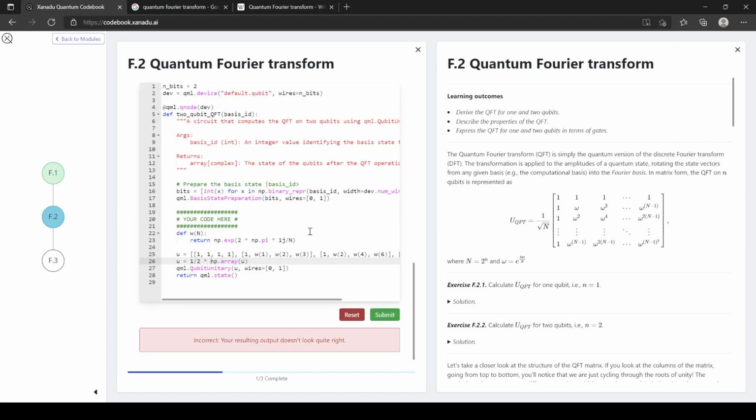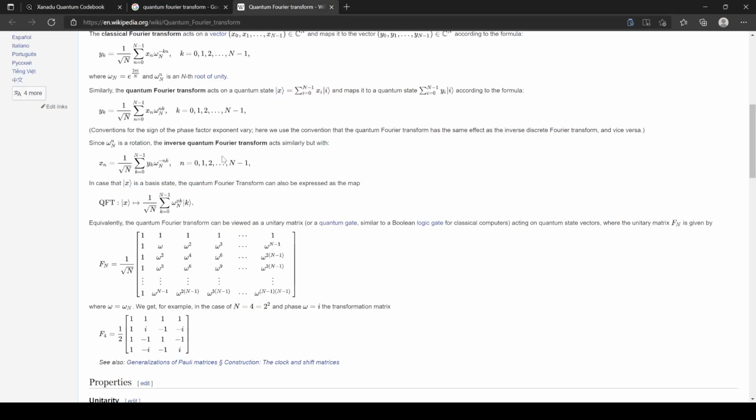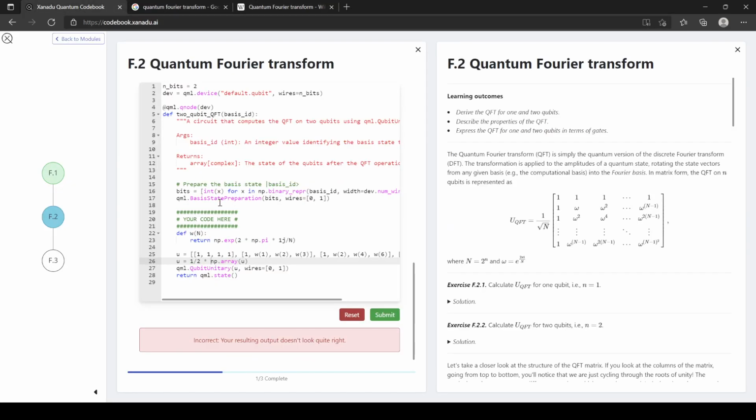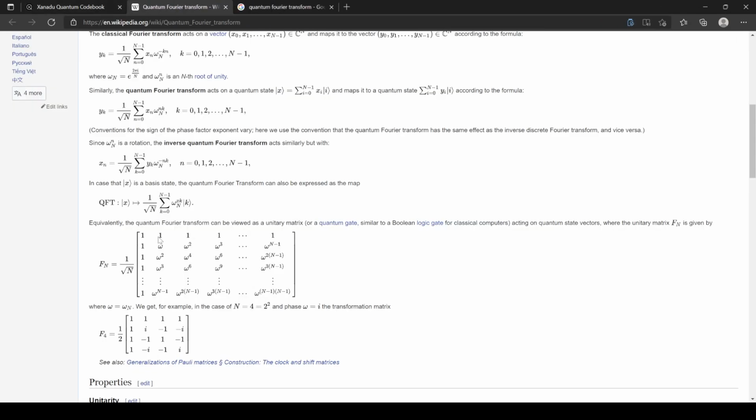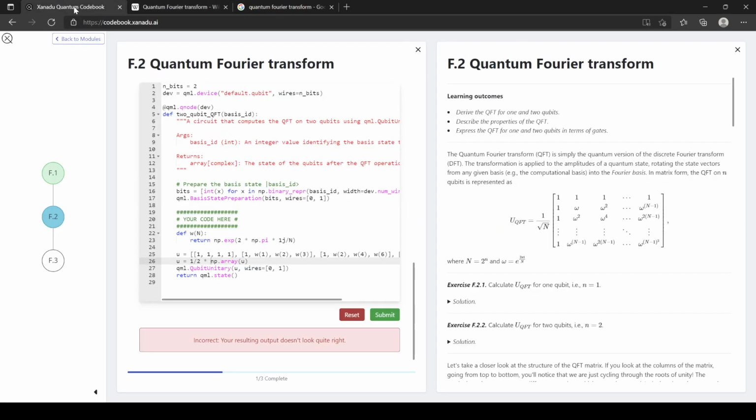There we go. Okay, that's not right either. Let's see, we have this. This matrix is what we want here. Let's see, 1, 1, 1, 1, 1, 1, 1, 1, W, W squared. Oh, I see what I did wrong.